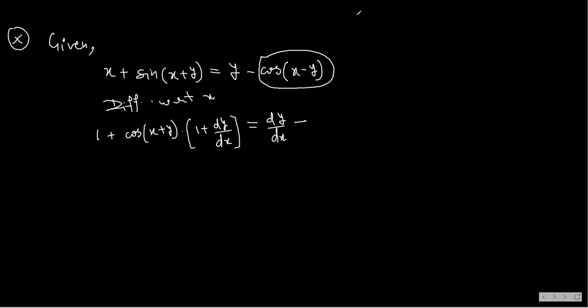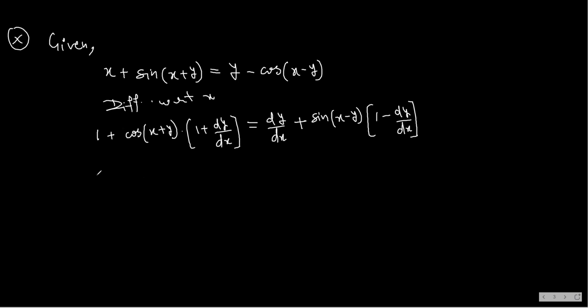Derivative of cos of x minus y will be minus sine of x minus y into derivative of x minus y, so the minus will make this plus: sine of x minus y into derivative of x minus y, which is 1 minus dy by dx.